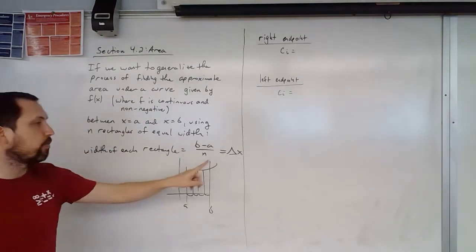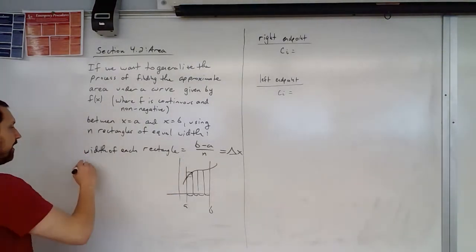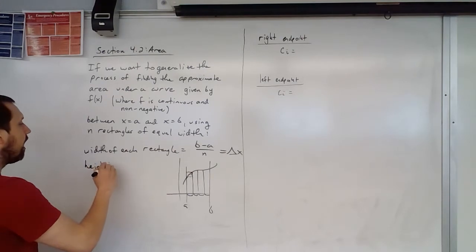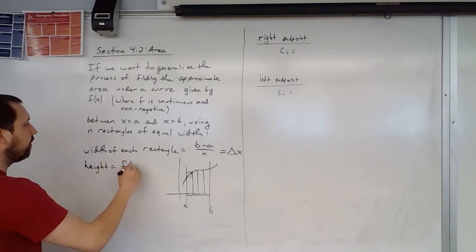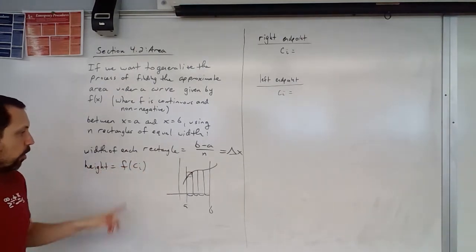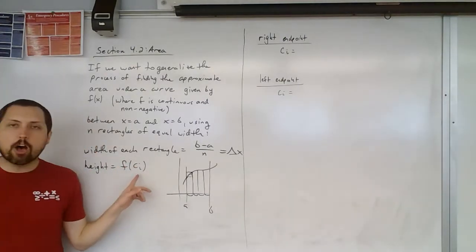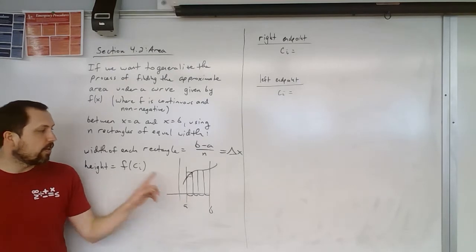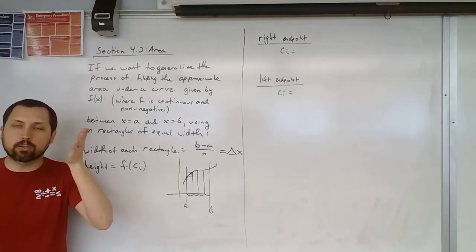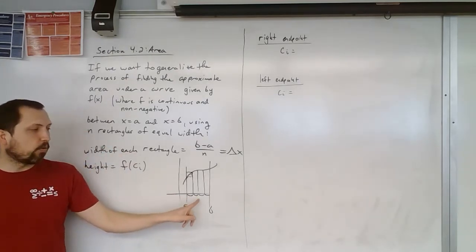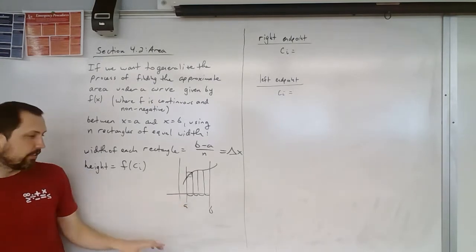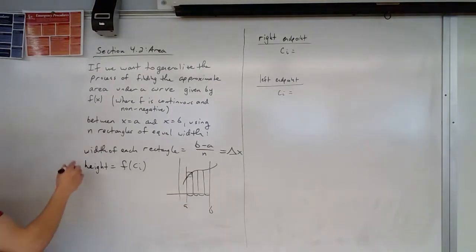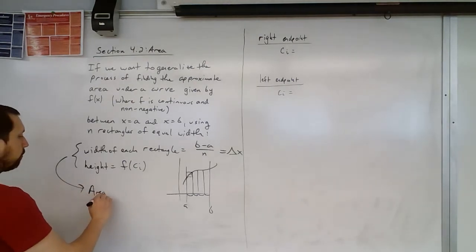So the width of each of these rectangles is this, and then the height, I'm going to call this f of c sub i, the function at some value. I'm using c sub i to indicate that i is going to go from 1 to 4, so there are going to be 4 of these that define the height. With this, I can now piece all this together to give me my area formula.